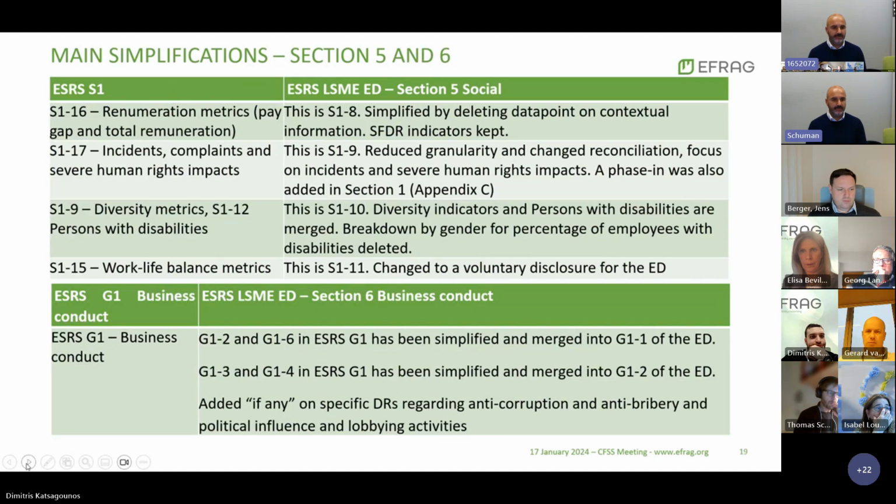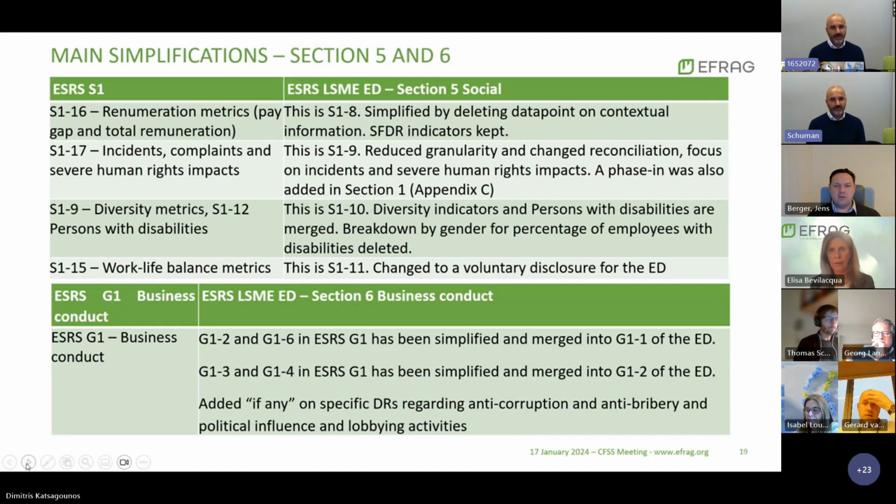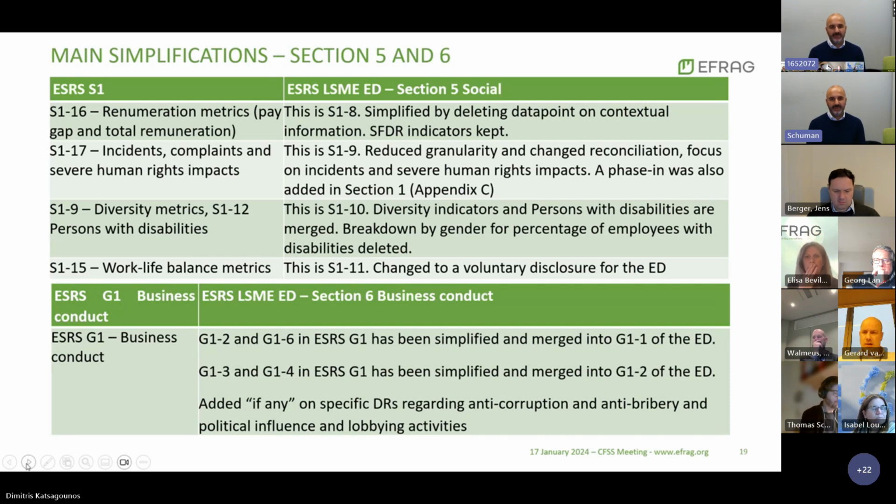Next slide, please. On remuneration metrics, we have simplified the content by deleting data points on contextual information, and we kept the SFDR data points. On incidents, complaints and severe human rights impacts, we have reduced the granularity and changed the reconciliation with the financial statement, and focus on incidents and severe human rights impacts.